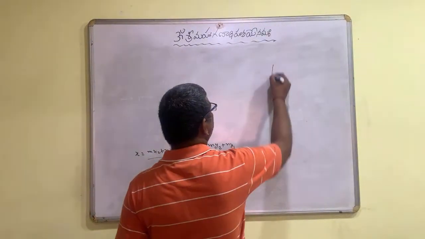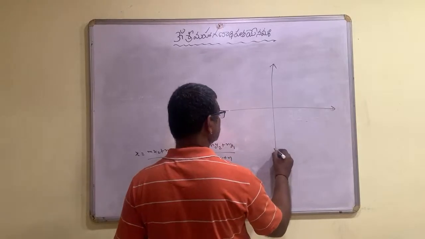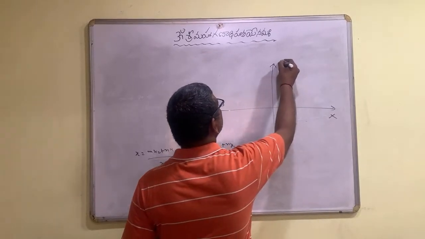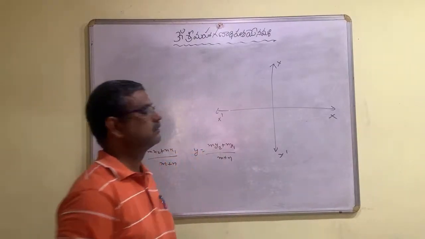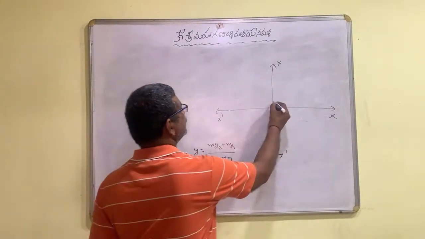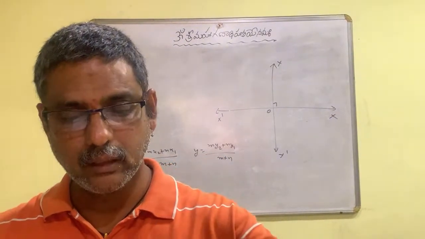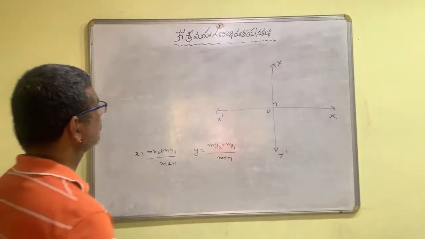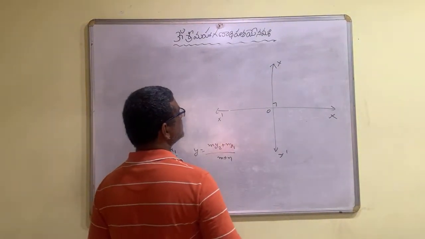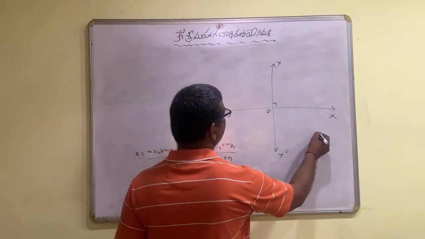First I will draw the coordinate plane: X, Y, Y dash, X dash. This is the origin O. Now, what are the coordinates given? 5 comma -6.